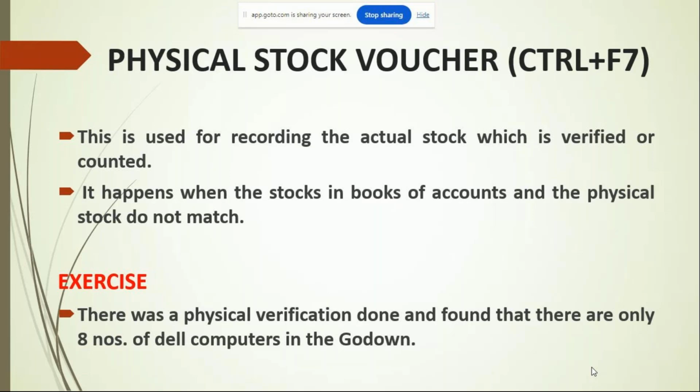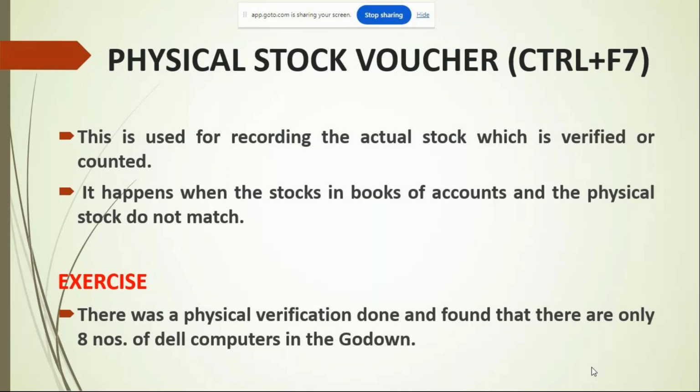If there is any variation, in this case, physically in the godown we're having 10 numbers, but in the books of accounts it is showing as 8. So, what happened to the remaining 2? I'm not talking of the stock items which are being sold or damaged and sent back.